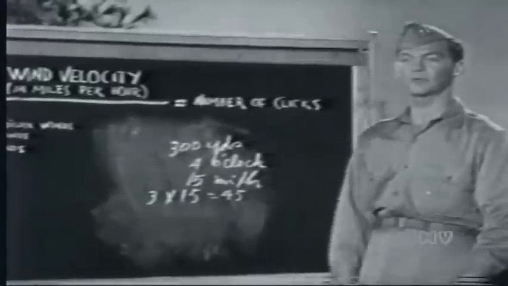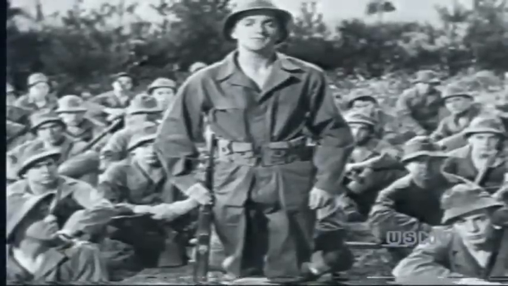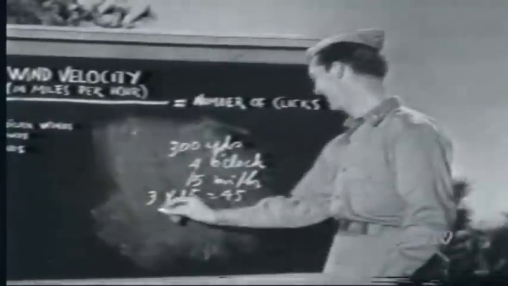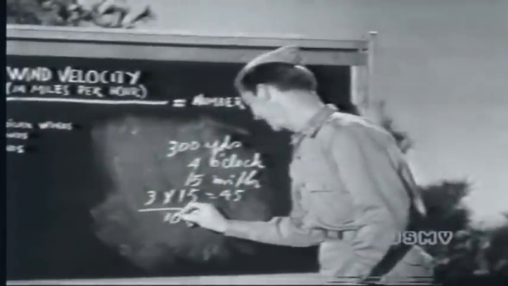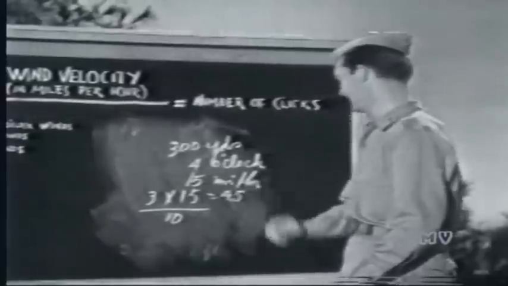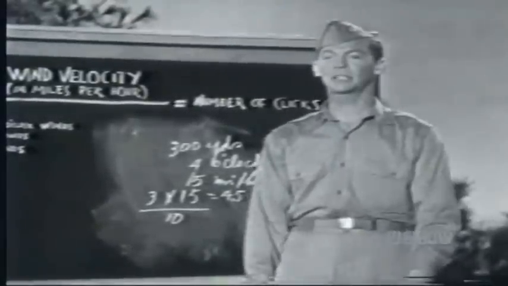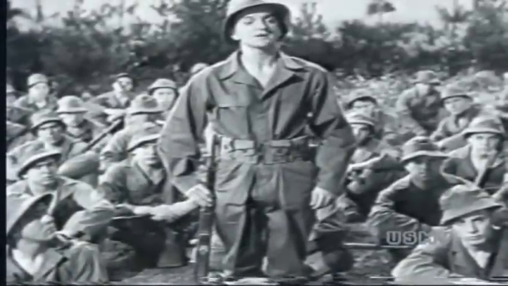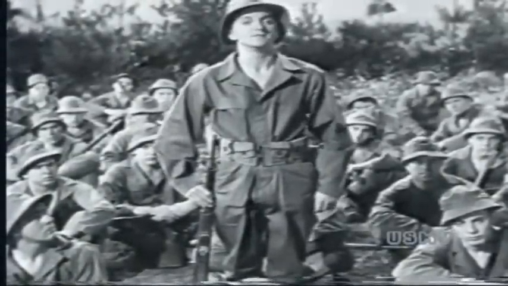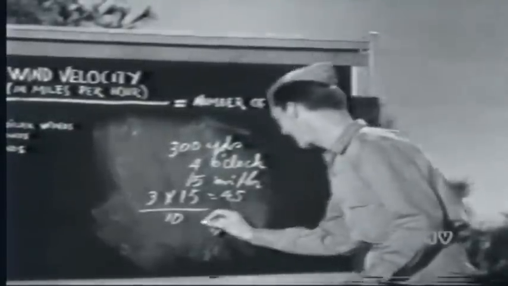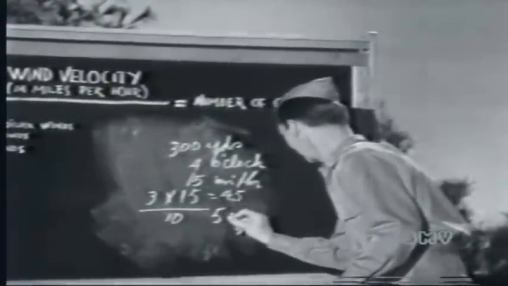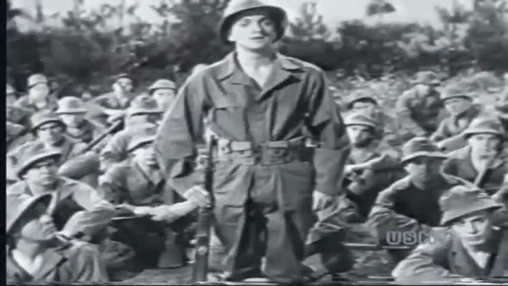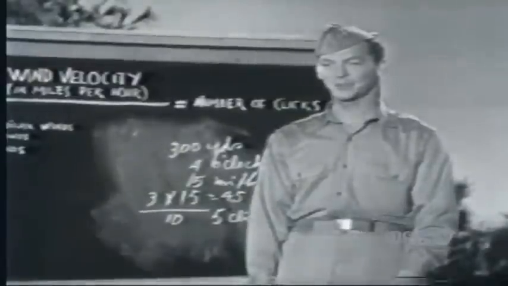Three times 15 is 45. Now what? Then you divide by 10, sir. That makes 4.5. Good. How many clicks of windage? Well, like you said, sir, a guy can't take a half a click, so that'd make 5 clicks, sir. Good again. Five clicks of which windage? Right, sir. Right is right.